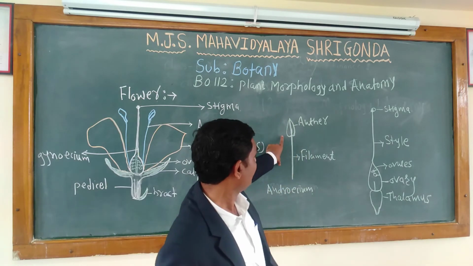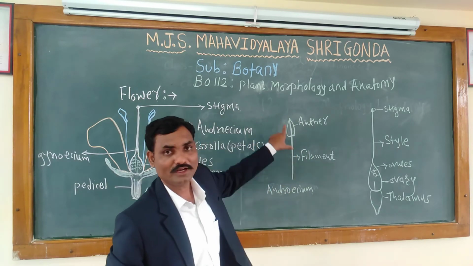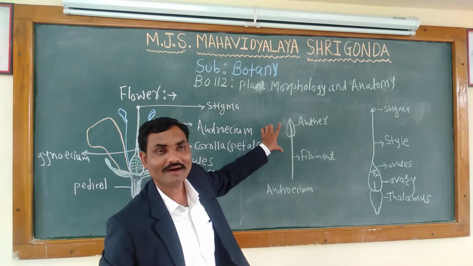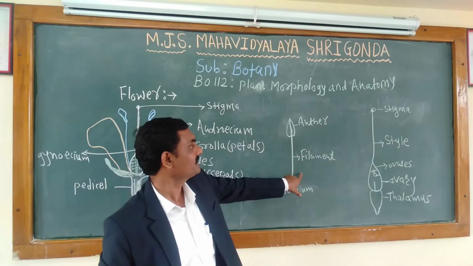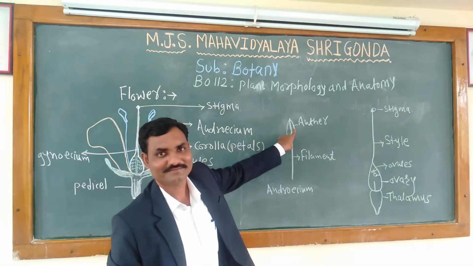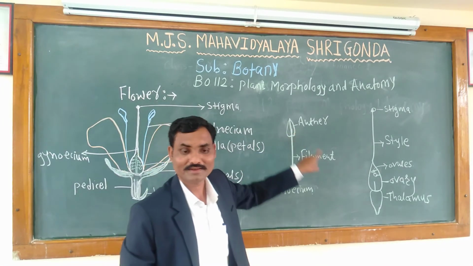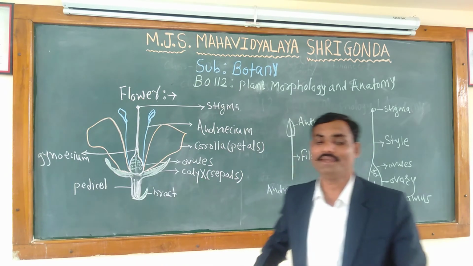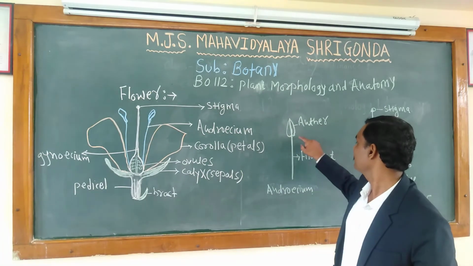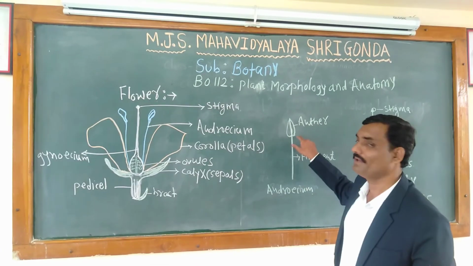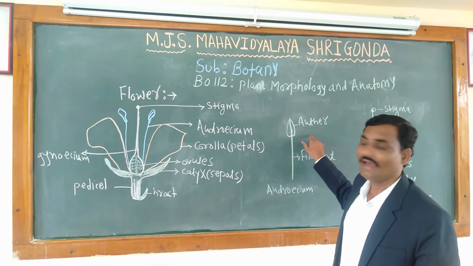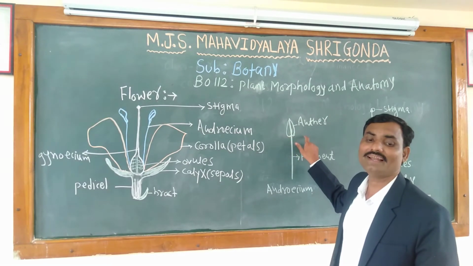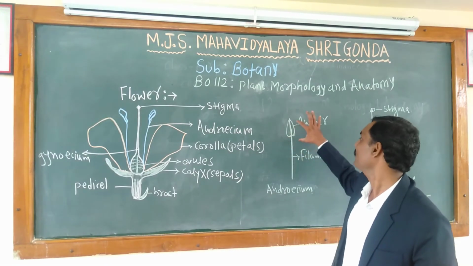This is the structure of the androecium. The androecium is made up of two main parts, that is filament and anther. The filament at its apex bears the anther, which has two lobes or bag-like structures.